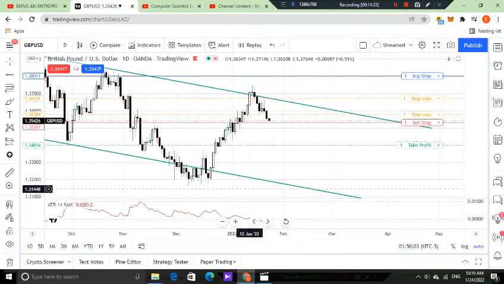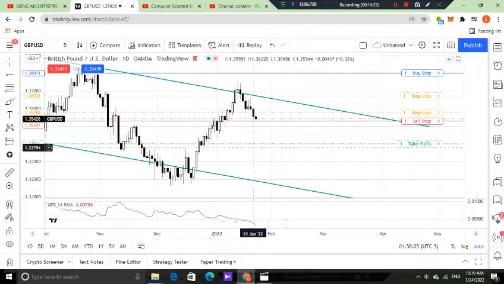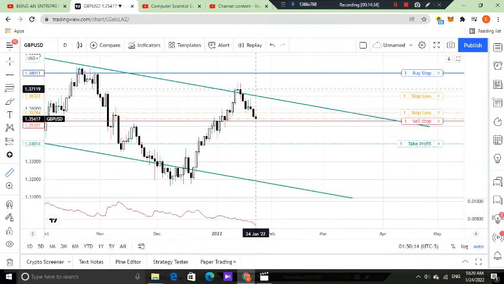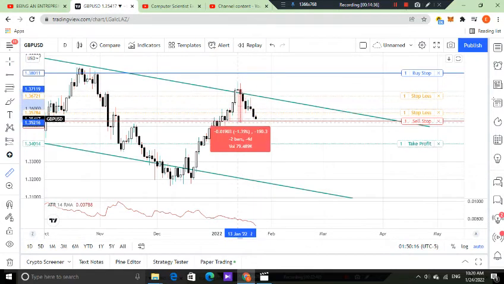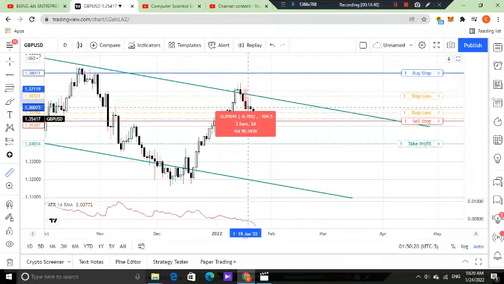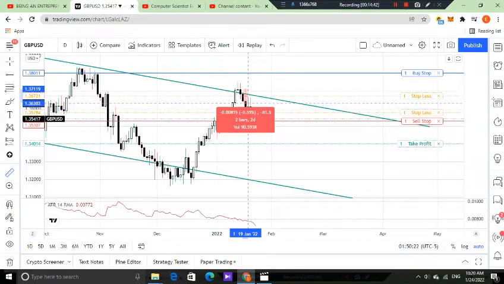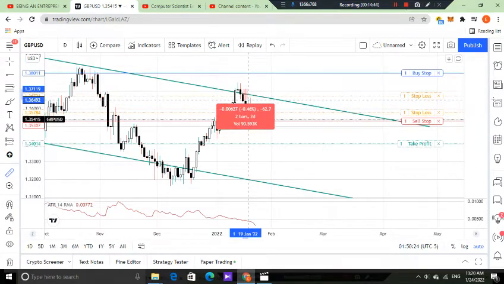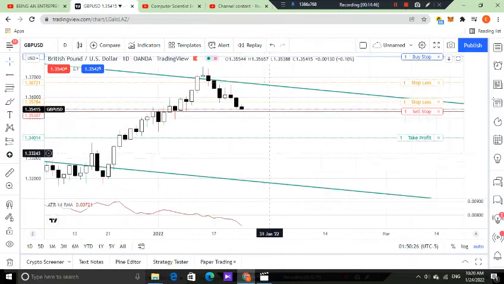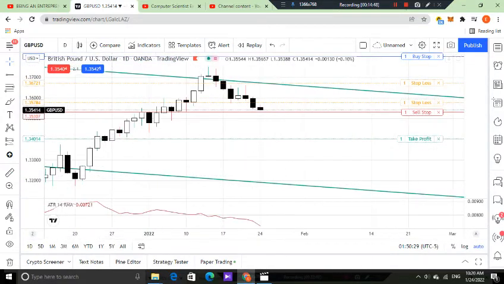If I use this tool here, 0.0756, like one candle.